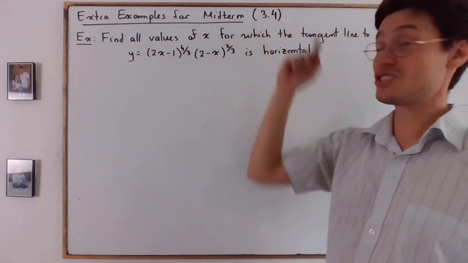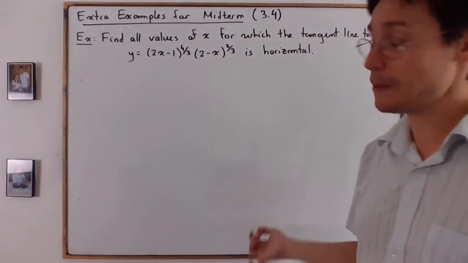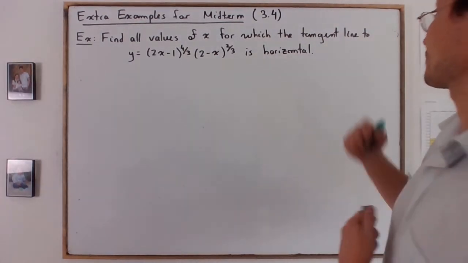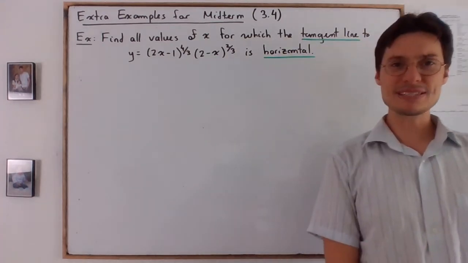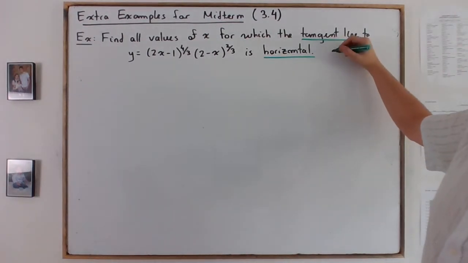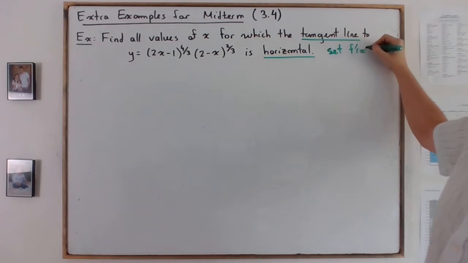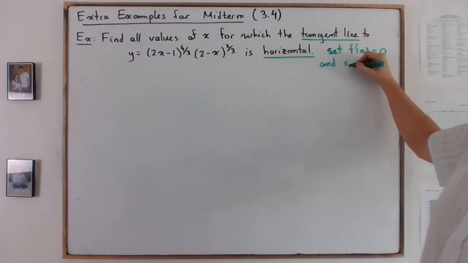Okay, this uses the chain rule, so you need to make sure, it's in section 3.4. Now, horizontal tangent line. The process is pretty much always the same. You're going to set f prime of x equal to 0 and solve for x.